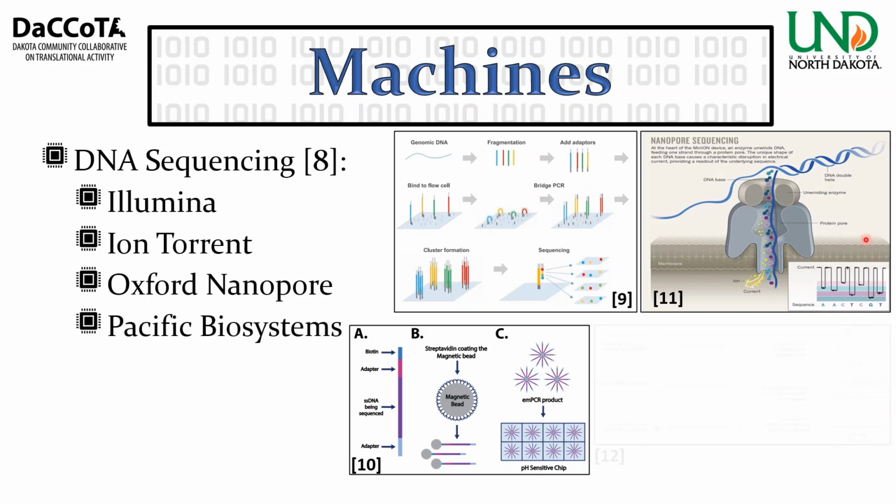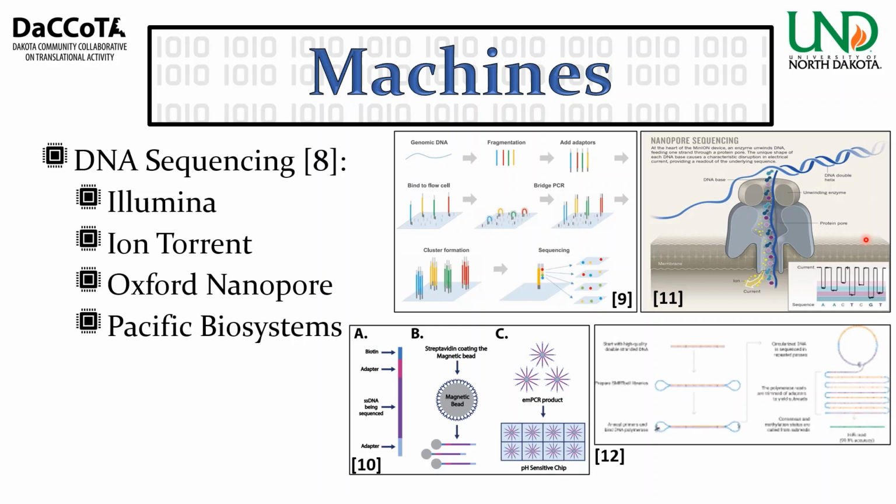And finally, there's Pacific Biosciences, which is really focused on long reads. Something like Illumina has fairly short reads. That's the limitation of the technology. And there are problems with short reads and assembling long things. So long reads are really nice if you can do it. However, one of the downsides to something like Pacific Biosciences is that it's a lot more expensive to run, and the sequencing errors are higher, so the accuracy is a lot lower.